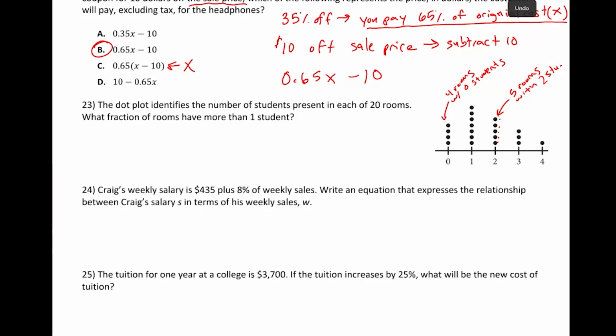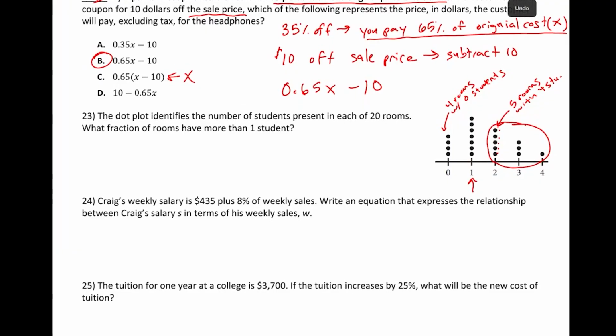What fraction of rooms have more than 1 student? So right here, this is 1 student. We want the rooms with more than 1 student, so that's going to be all of these. We just have to count up the number of rooms, and it told us the number is 20, so we don't have to count them all up. We just need to count up the number that have more than 1 student. So let's see, we've got 1, 2, 3, 4, 5, and 2 with 2 students.